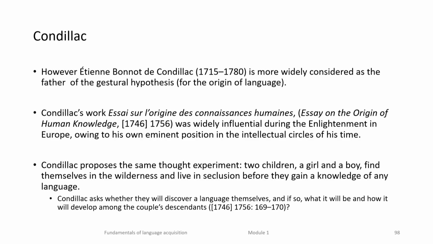So, he proposed the same thought experiment that two children, a girl and a boy, find themselves in the wilderness and live in seclusion before they gain knowledge of any language. He then asks whether they will discover a language themselves, and if so, what it will be and how it will develop among the couple's descendants.